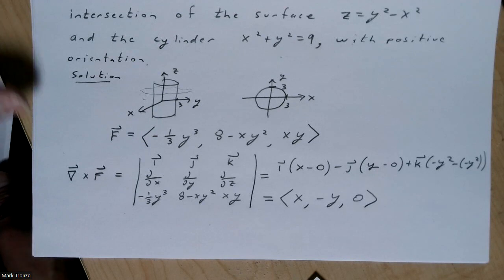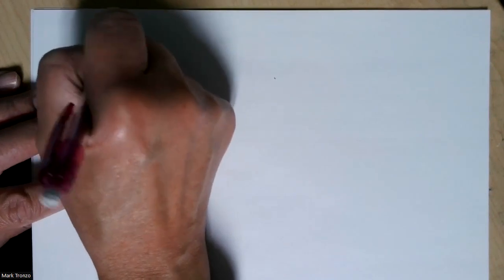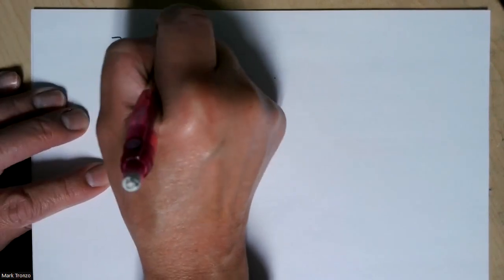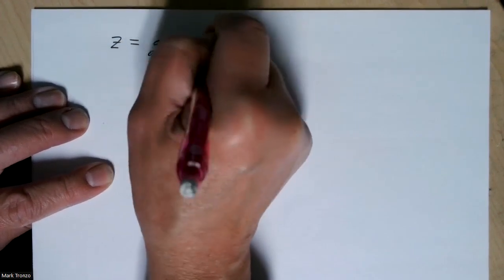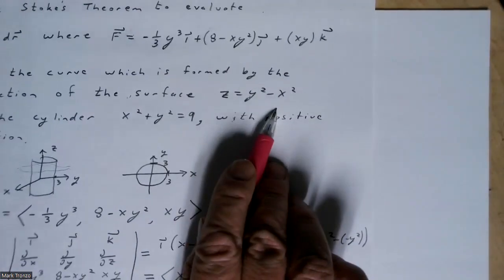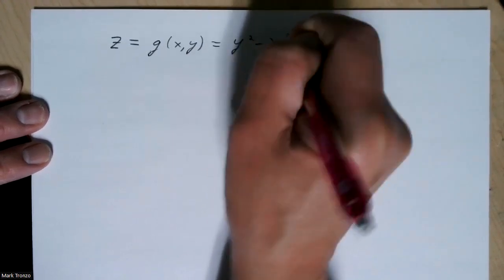So now, remember, we're going to need our normal to the surface. So our surface is given this way. So we have z as a function, and you can think of that as a function of x and y. You don't need to put that in, but it's helpful to think of it that way. So z is this function of x and y, squared minus x squared.